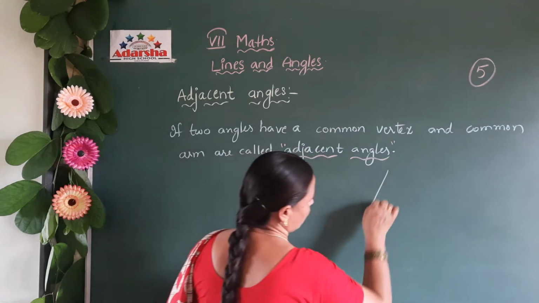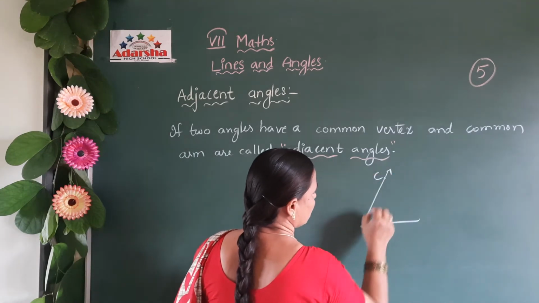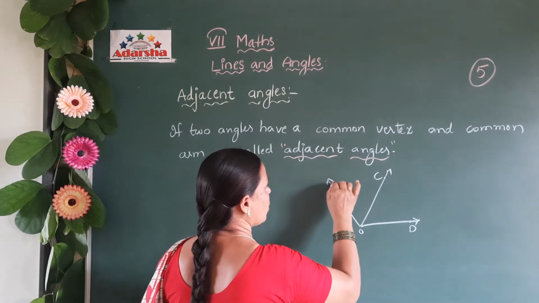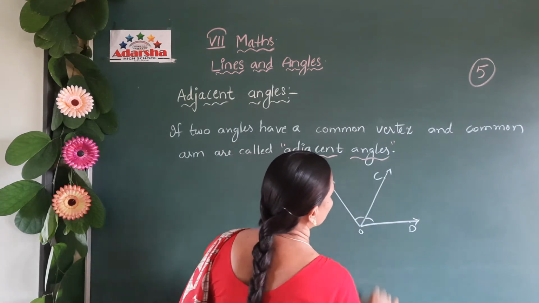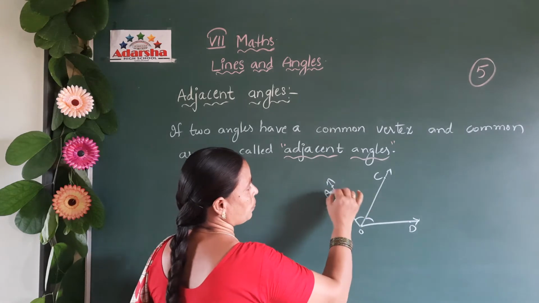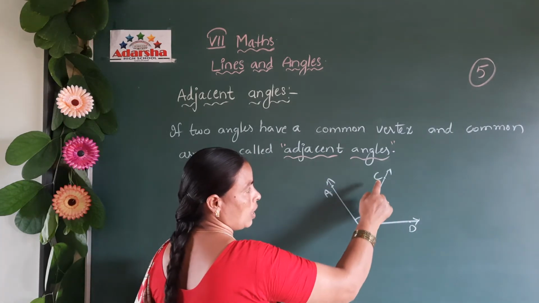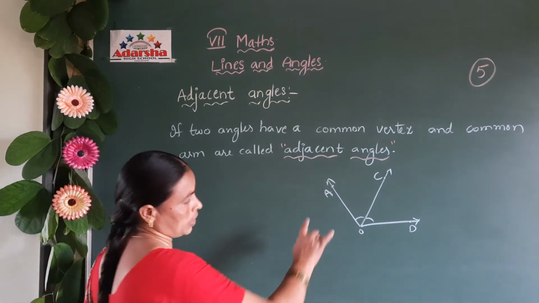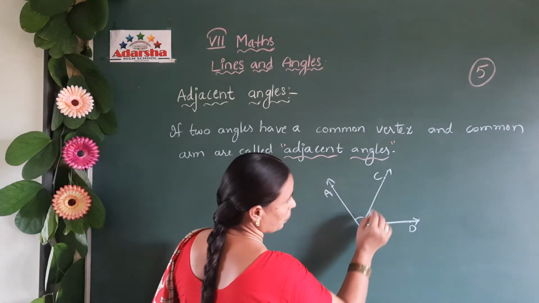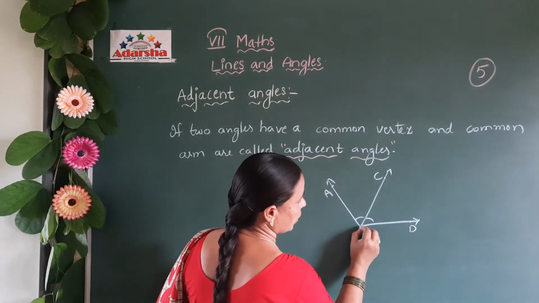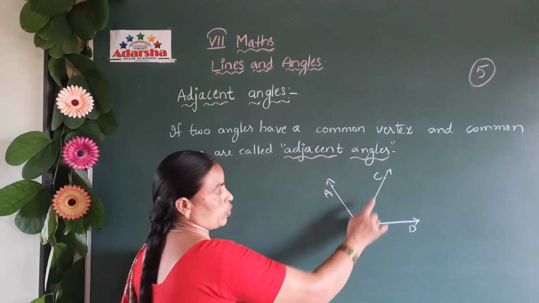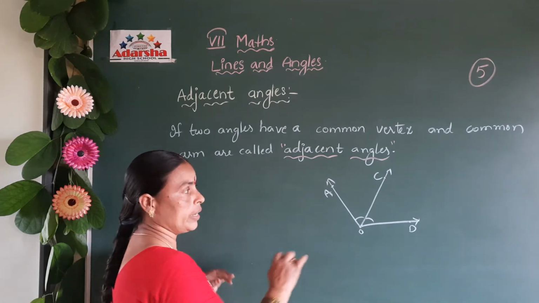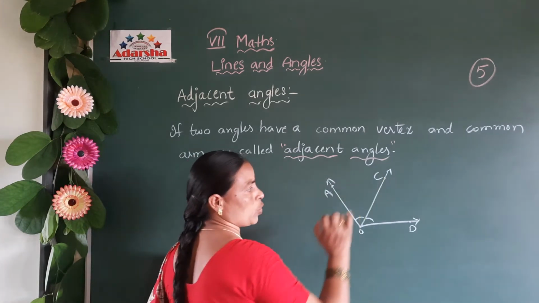See this figure. Here it is angle COB and here it is angle AOC. In these two angles, AOC is one angle and angle COD is another angle. In angle AOC the vertex is O and in angle COD the vertex is O. That means angle AOC and angle COD have the common vertex O and they have the common arm OC.